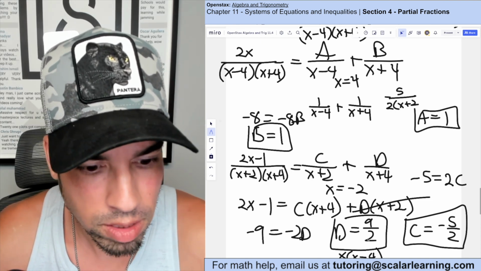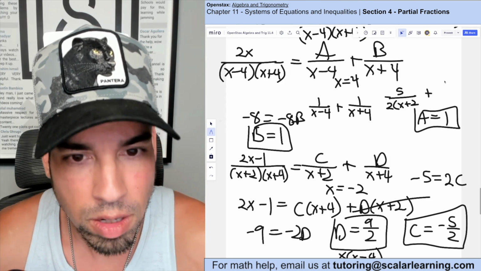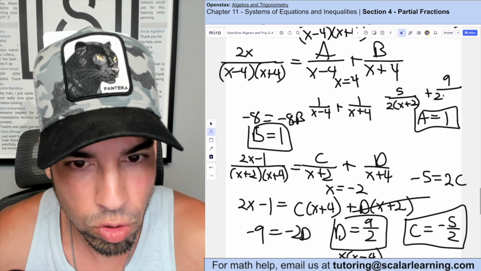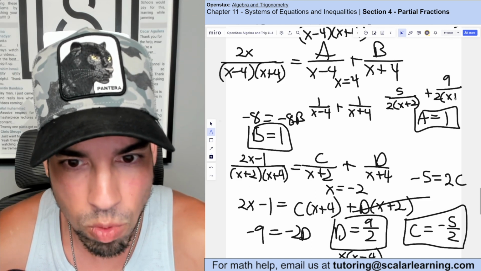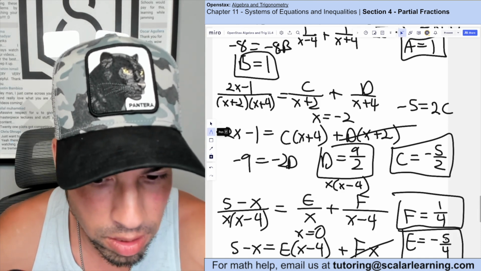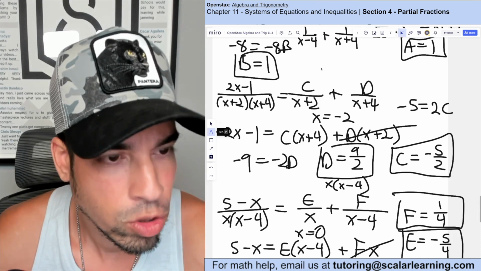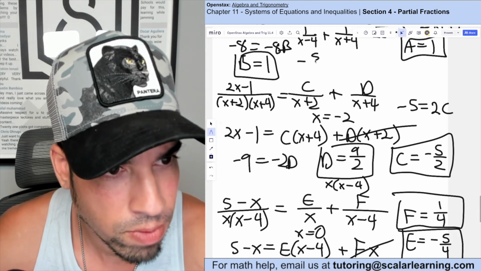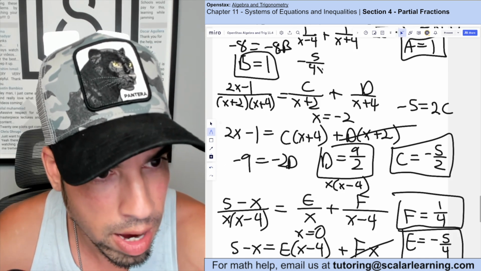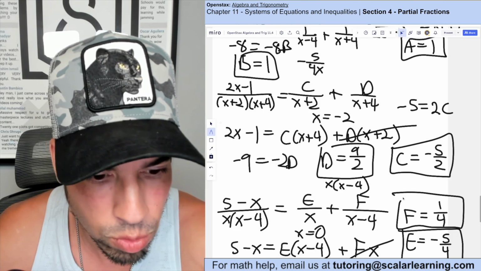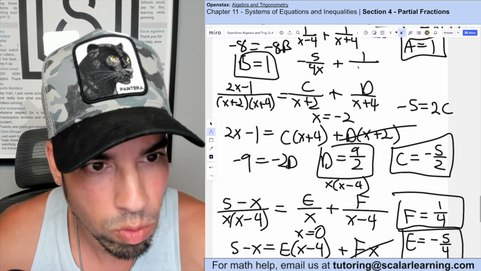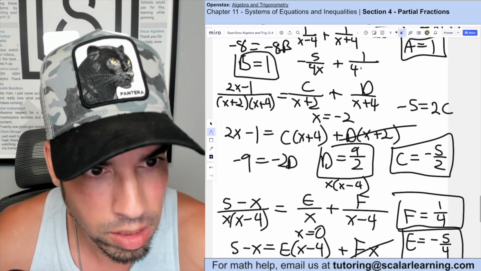And then D is 9 over 2, plus, need a parenthesis, plus 9 over 2 times x plus 4. And then the last piece, E is -5 over 4, so we got -5 over 4x. And then F is 1 over 4, so we got plus 1 over 4 times x minus 4.